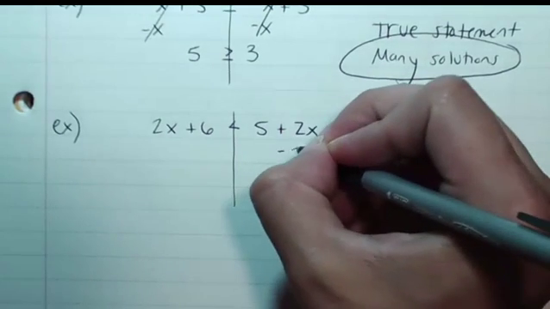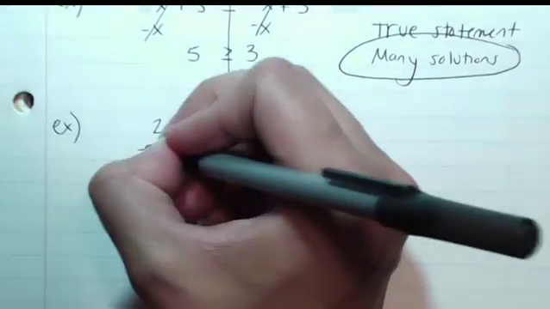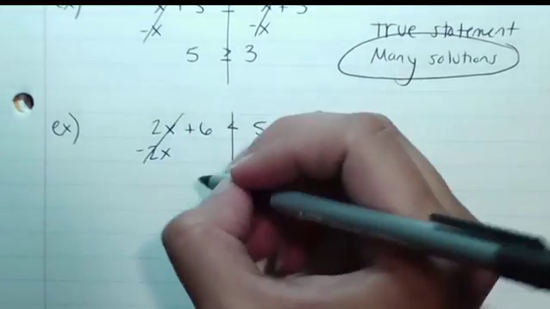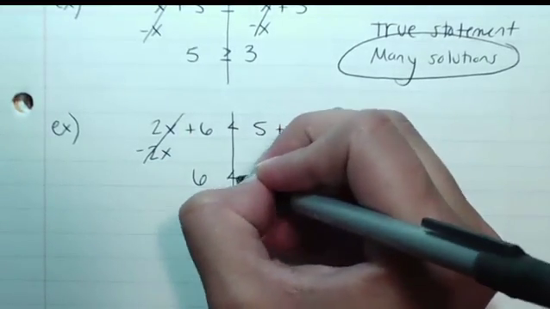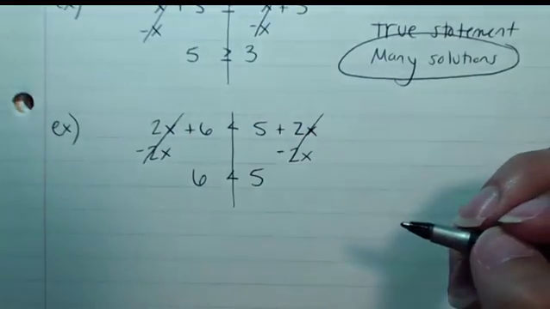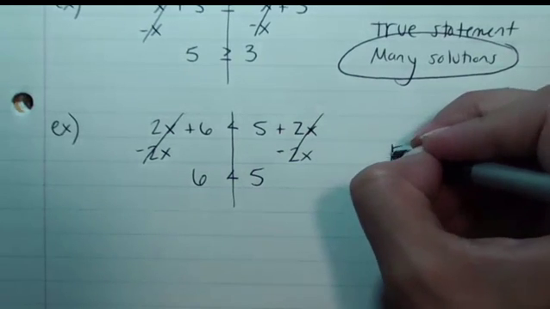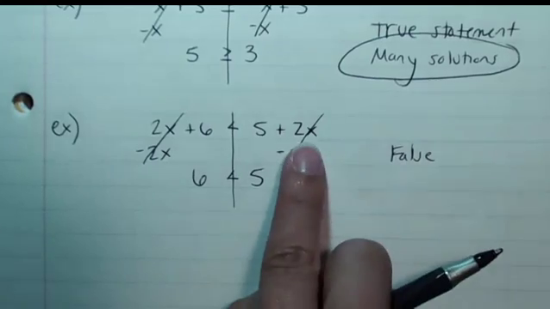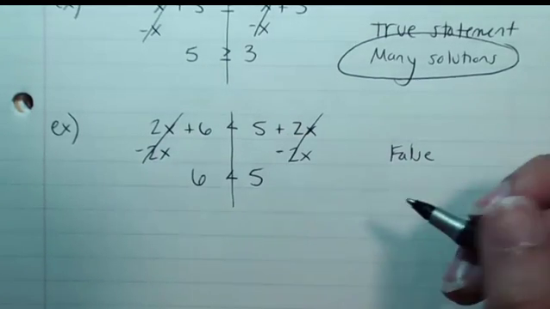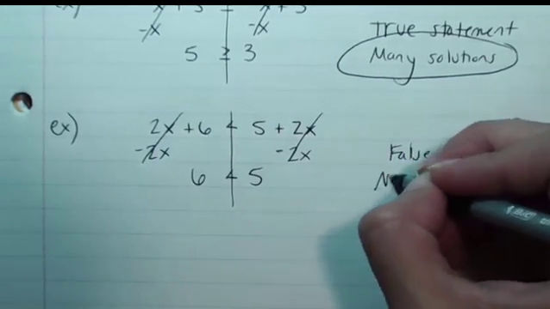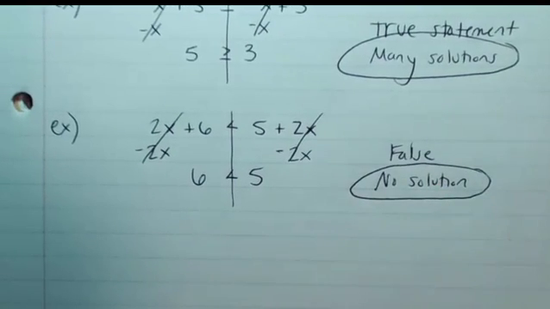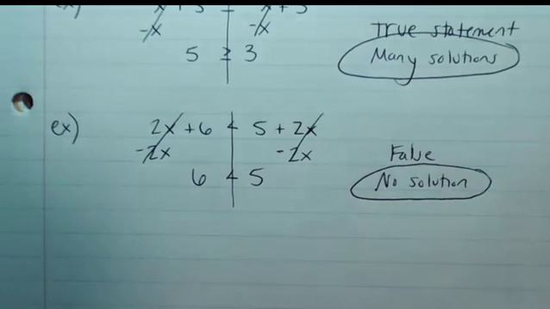So if I take away 2x on the right side, 2x minus 2x again cancels out, which leaves me with 6 is less than 5. Is that a true statement? No, this is false. So in this case, no matter what value I plug in for x, it will always give me a false statement. There's no solution at all. There's no value for x that would make that statement true.